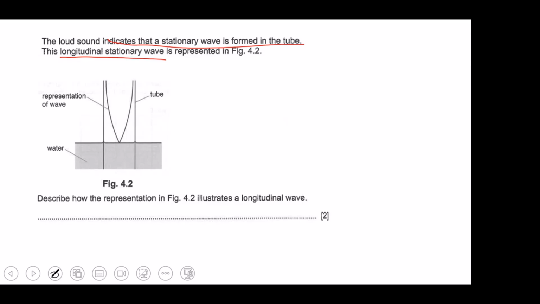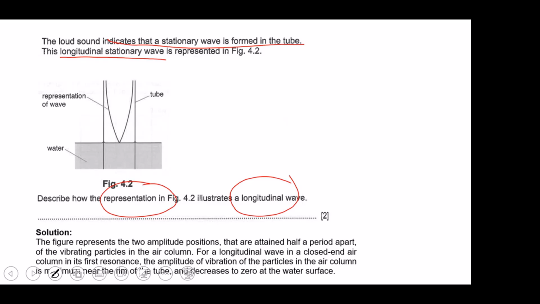So in this question, they ask you to explain how the representation illustrates a longitudinal sound wave. Okay, so there are two amplitude positions, one at the open end and one at the closed end. At the open end, I have a displacement antinode.